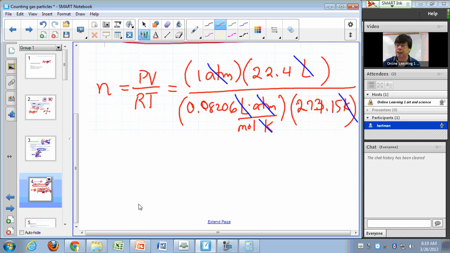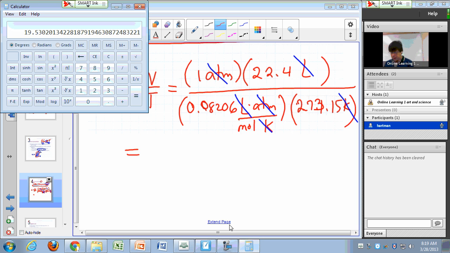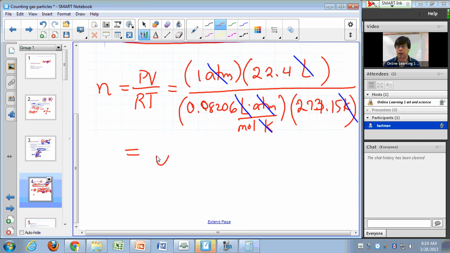So what are we going to get? Let's do that. 22.4 divided by 0.08206 divided by 273.15, and that gives us 0.999. That's essentially 1 mole, or you can say 1.00 mole.